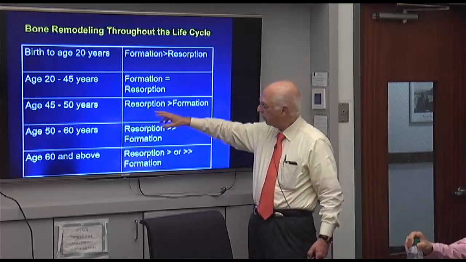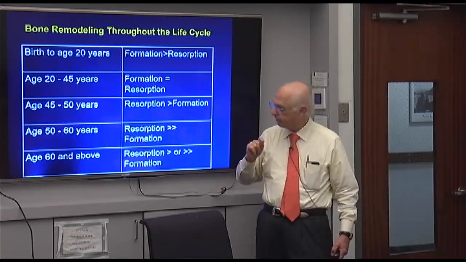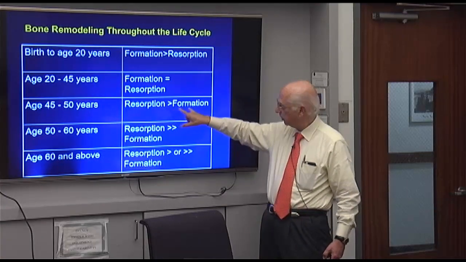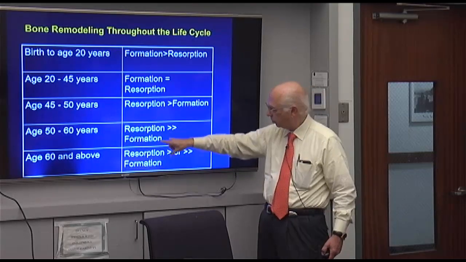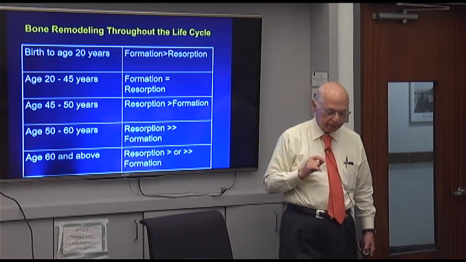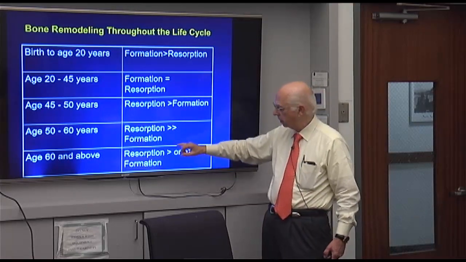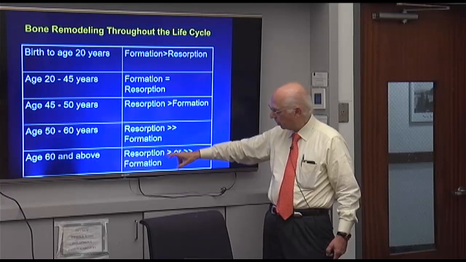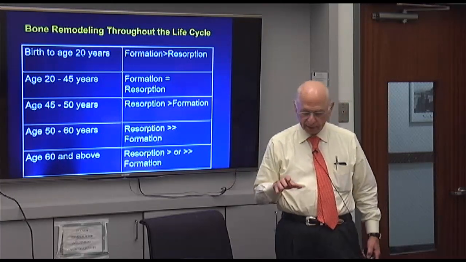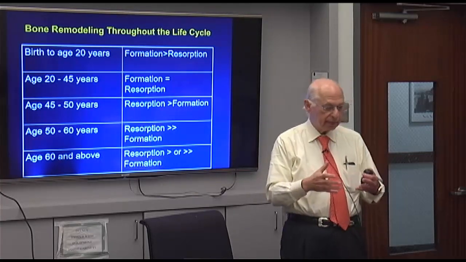And then when you get a little bit older, even a little bit before the menopause in women, this begins to show a little bit more resorption than formation. And then, of course, in the accelerated period, early postmenopause, resorption far exceeds formation. And then it slows down a little bit, but still the system is out of balance. Okay? So that's the case.